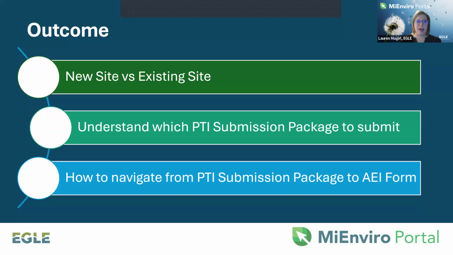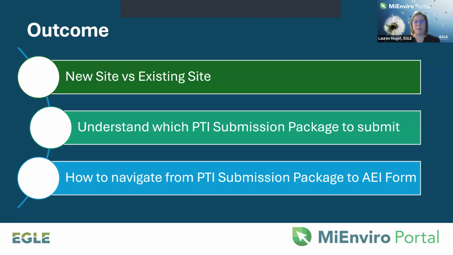The other thing we should have, hopefully we talked about, is understanding which PTI submission package to submit, your new versus your modification. Today we went over how to start a submission package for a new permit. Again, that's somebody that is installing a new piece of equipment or a brand new facility, a new piece of equipment or a new emission unit.